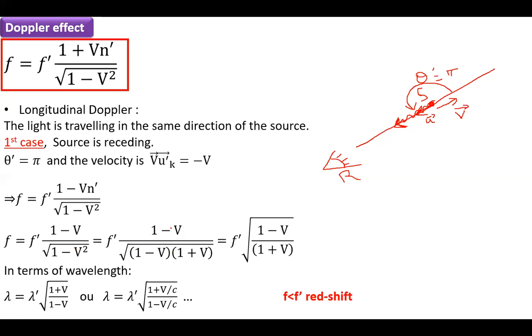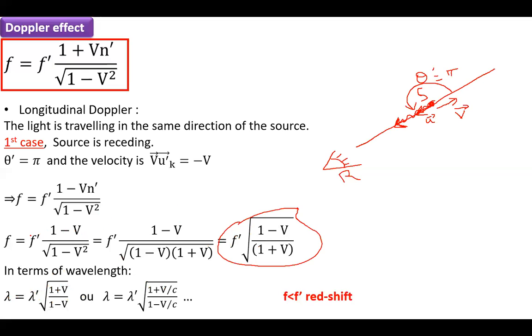You can simplify by the radical of 1 minus v, and you will have another radical of 1 minus v over radical of 1 plus v. So your f is equal to f prime times the radical of 1 minus v over 1 plus v. In terms of wavelengths, which is the inverse of the frequency, you will get lambda equal to lambda prime times the radical of 1 plus v over 1 minus v, with v over c.